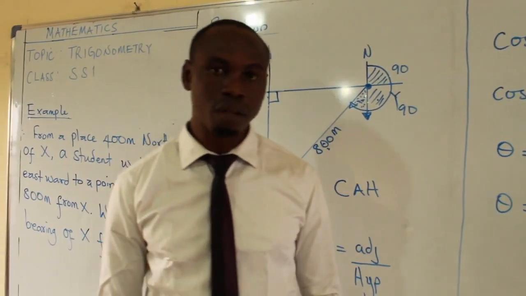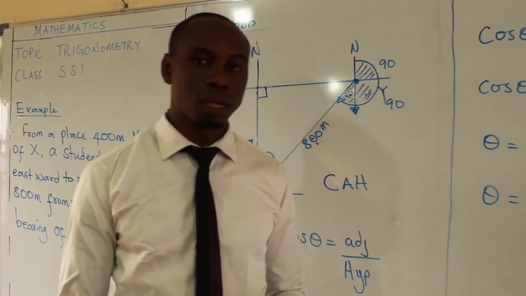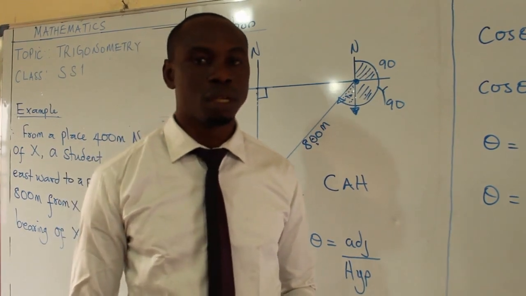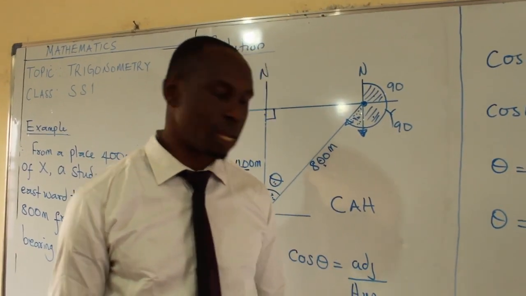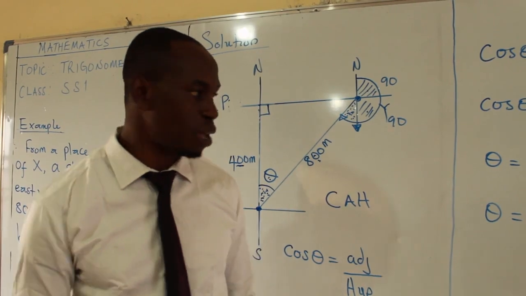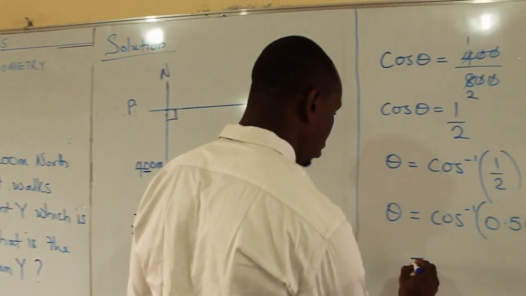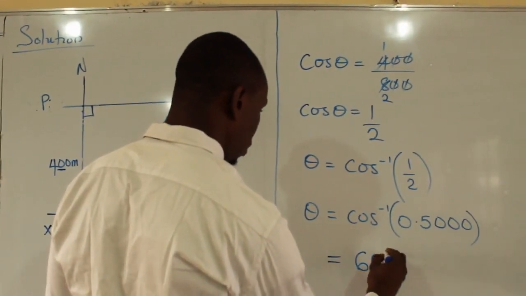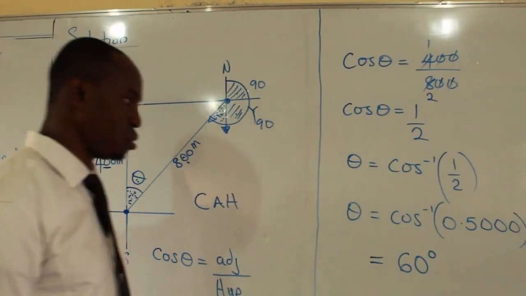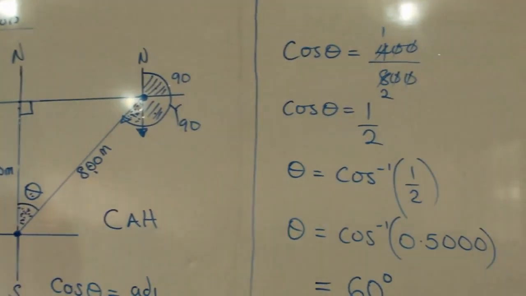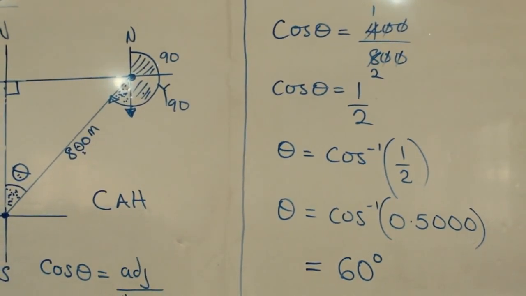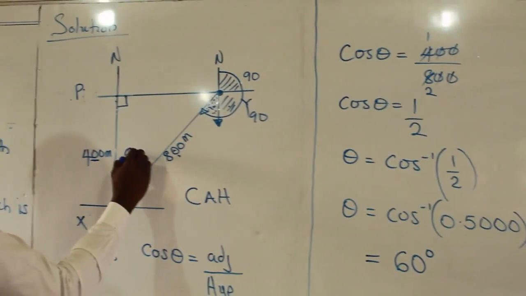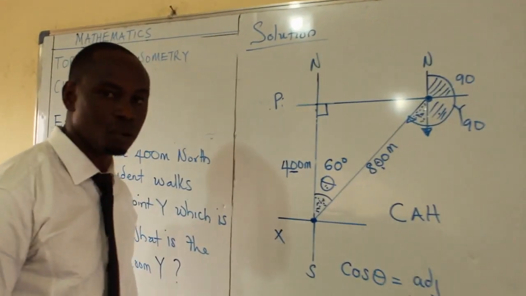But if you have a calculator, you can use the shift function of cosine and input your 0.5. If you do that, you're going to get 60. So the angle in question is 60 degrees.